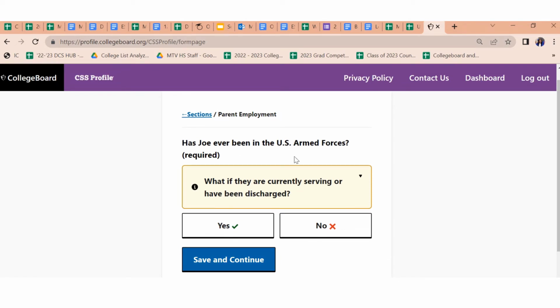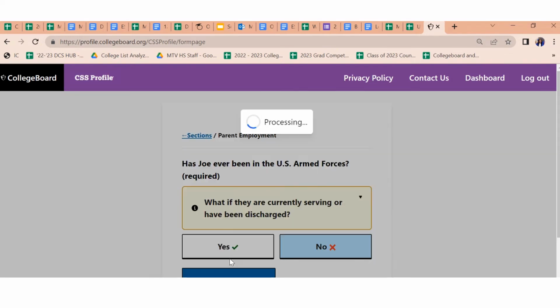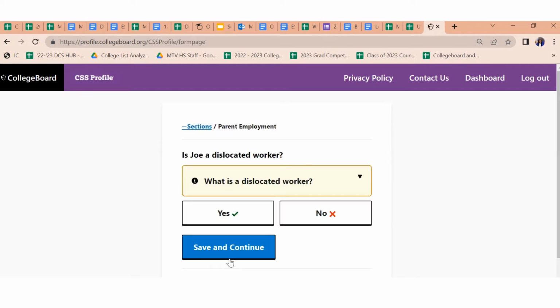Has this parent ever been in the armed forces? If you have, you will select yes. If you have not, you will select no. This one I do recommend that you answer, even though it's not required. Is this parent a dislocated worker?